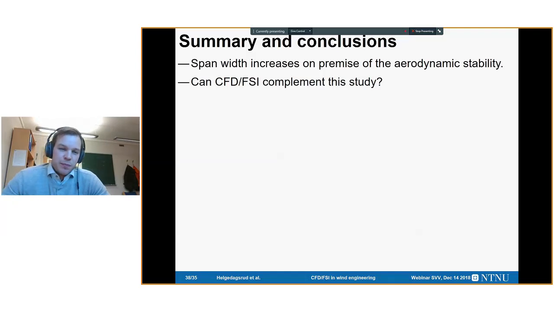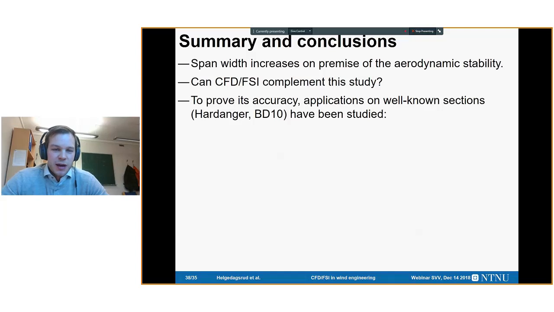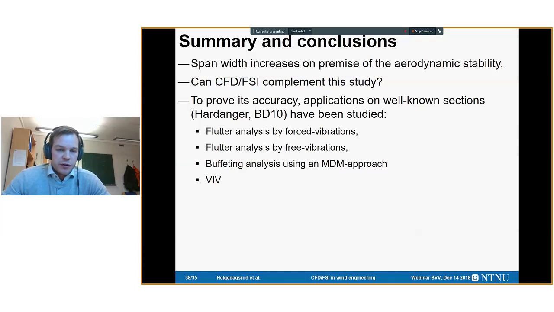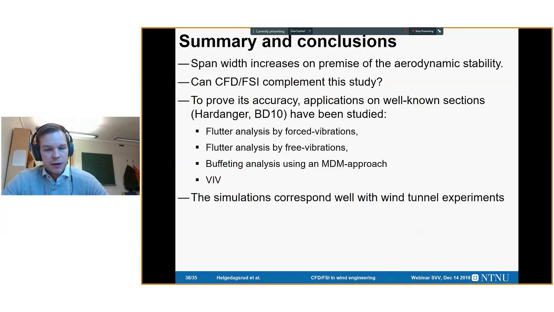In an attempt to prove the accuracy, we have studied different applications on a few thoroughly studied sections, like the Hardanger and the rectangular section mainly. We did flutter analysis with forced and free vibrations, buffeting analysis with a new multi-domain modeling approach, and finally vortex-induced vibrations. And we get pretty good results, I would say, when we compare to the companion experiments.